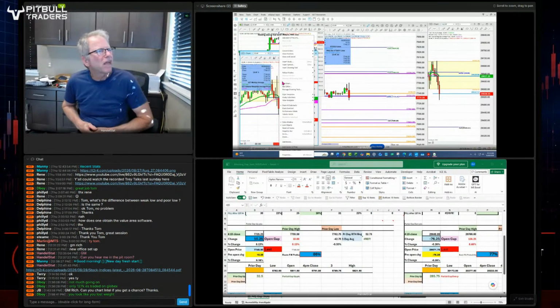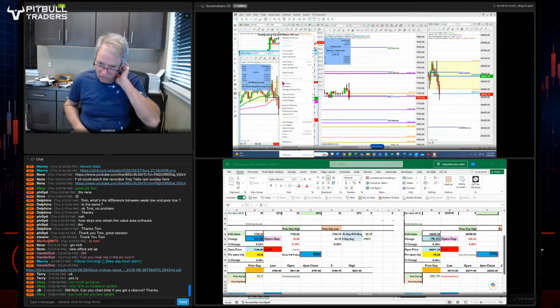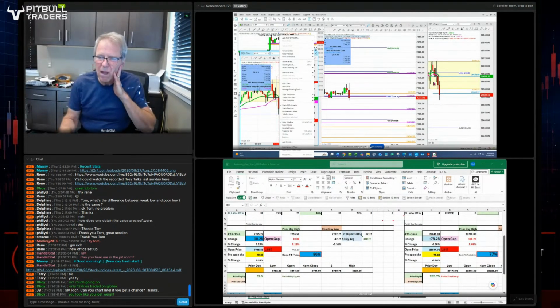The NASDAQ, the daily range has been running around 270-ish over the last 10 days. It was 284 yesterday. 218's been the small end of that range. And let's see what we got going here.